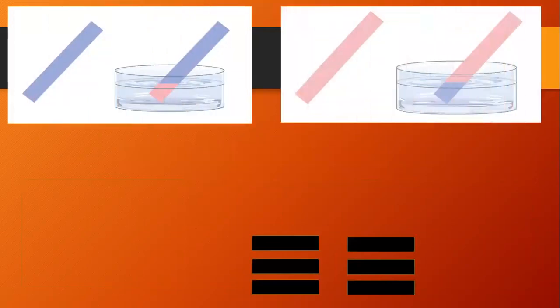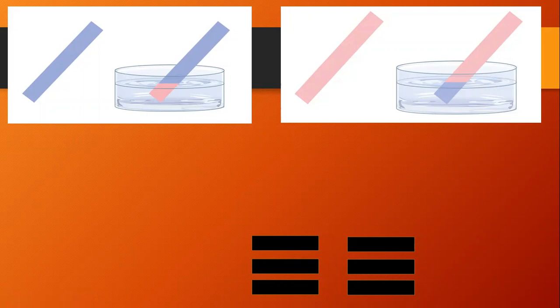Let's see what will happen with the strips. The litmus paper. We have the blue litmus paper and we have the red litmus paper. Now I want you to guess before I show you anything. We added a solution to the blue litmus paper and it turned red. What do you think this solution is? Is it an acid or an alkali? Raise your hand if you know the answer.